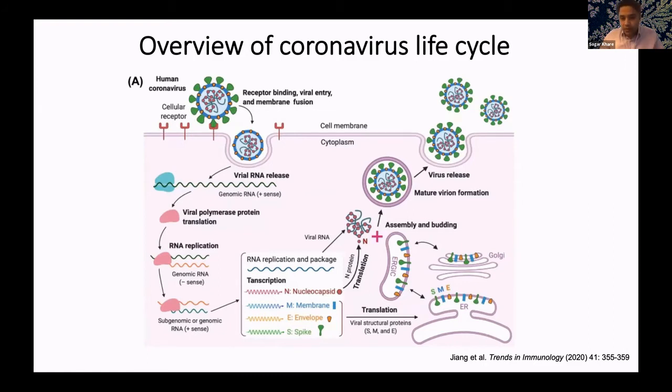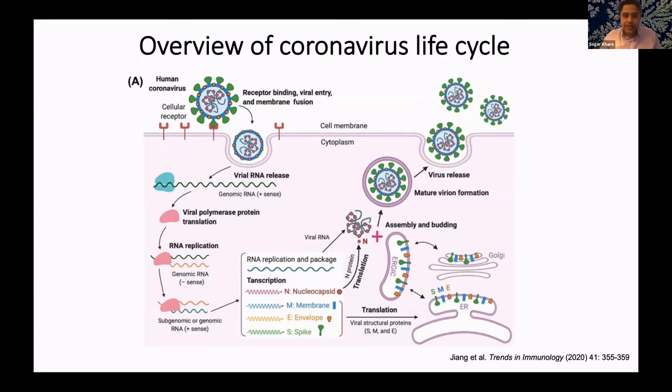Once all of these proteins are made and processed by the main protease and the papain-like protease, they will assemble together into a mature virion. Then the reverse process happens: the membrane fuses back and releases the virus, and so on. This is how the virus uses the host machinery to essentially replicate itself.